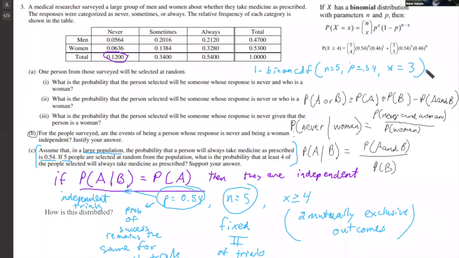Then you add the probability of 4 and the probability of 5, and that's all it is. So the answer is 0.24. So, one last minute on this one. Did anyone not get 0.24 yet?